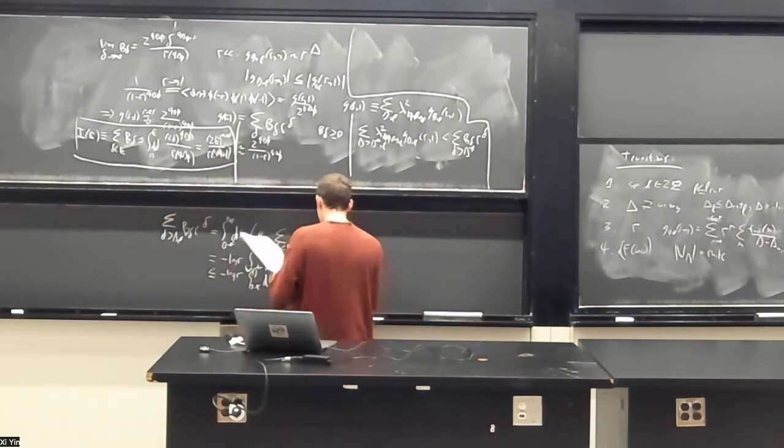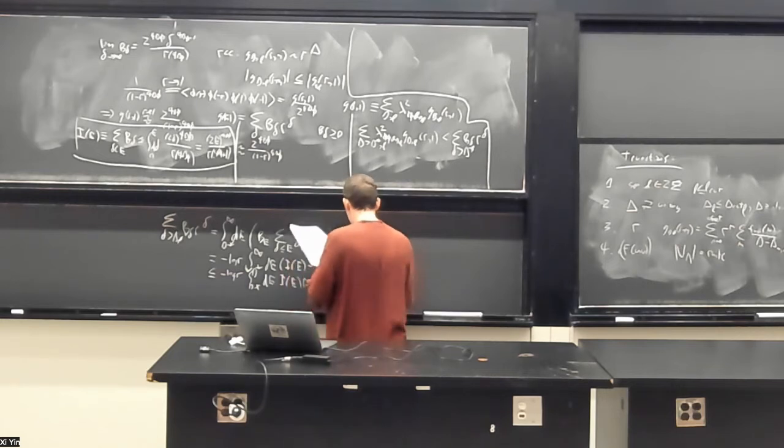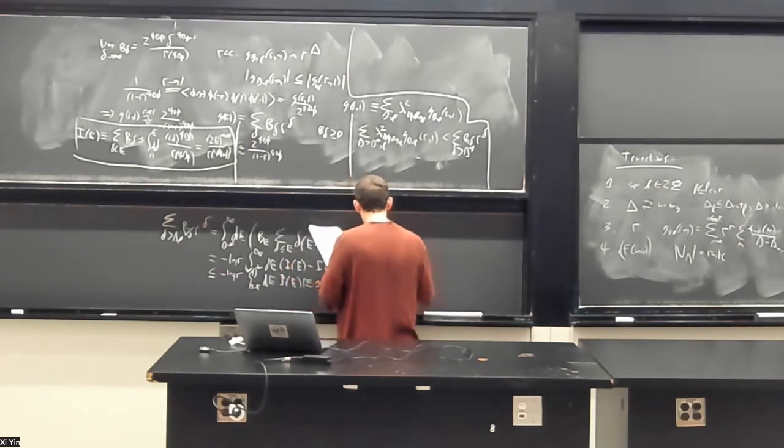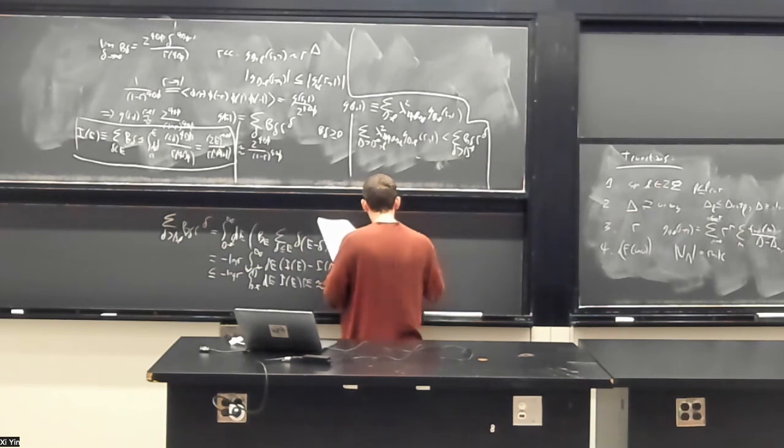And then this thing itself, you can approximate by minus log R, E to the 2E to the 4 delta phi over gamma of 4 delta phi plus 1. So this is just putting in these factors.